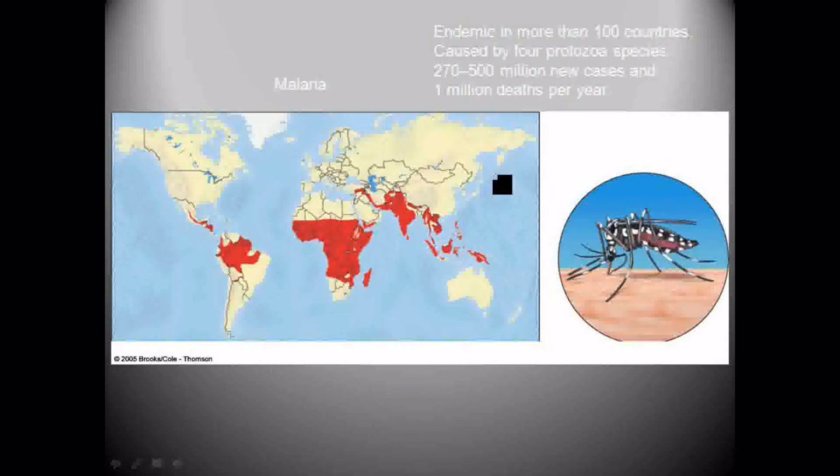Okay, and here's the deal. It's endemic, which means found all the time in more than 100 countries. And notice, as I said, where the equator is. Let me draw it for you here. The equator is right about here.